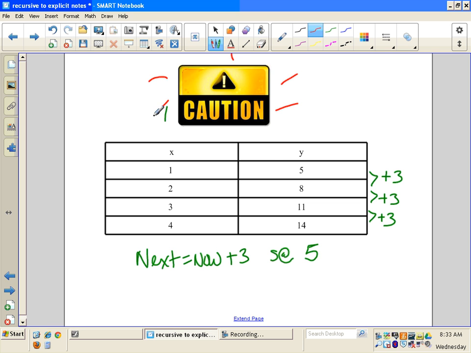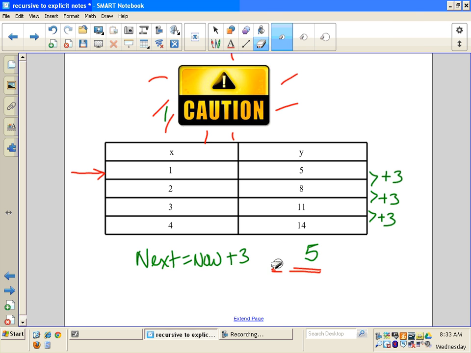Caution, caution, caution. Remember we said the starting at value has to be when x is 0. Well, right here, x is not 0, x is 1. So that's not technically our starting at value. So let's erase that. Erase yours or cross it out if you need to. And let's see what happens if we work backwards up 1.